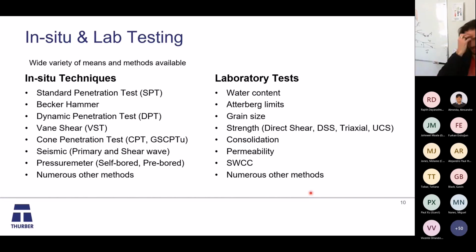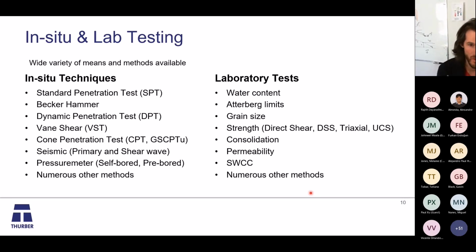In situ testing, lab testing, there's a lot of different things that we can do. We can start pretty simple with in situ: standard penetration test, Becker hammer, large penetration, dynamic penetration test, vane shear, cone penetration, seismic, pressuremeter, self-boring, pre-boring. There's tons of different methods.